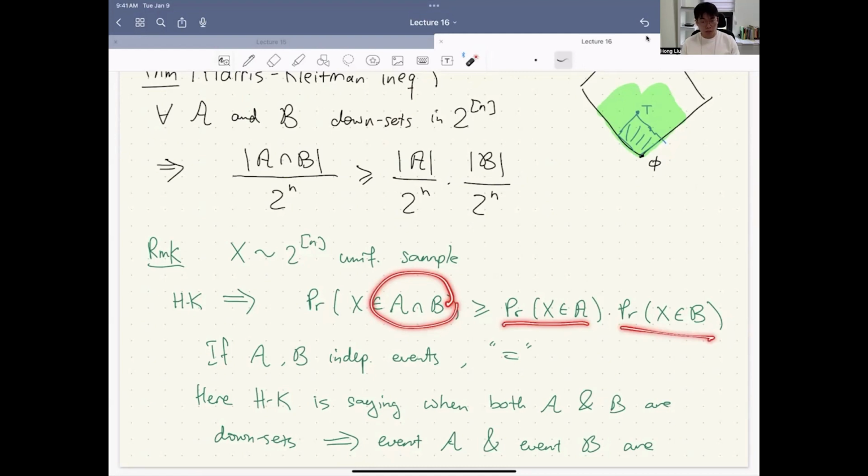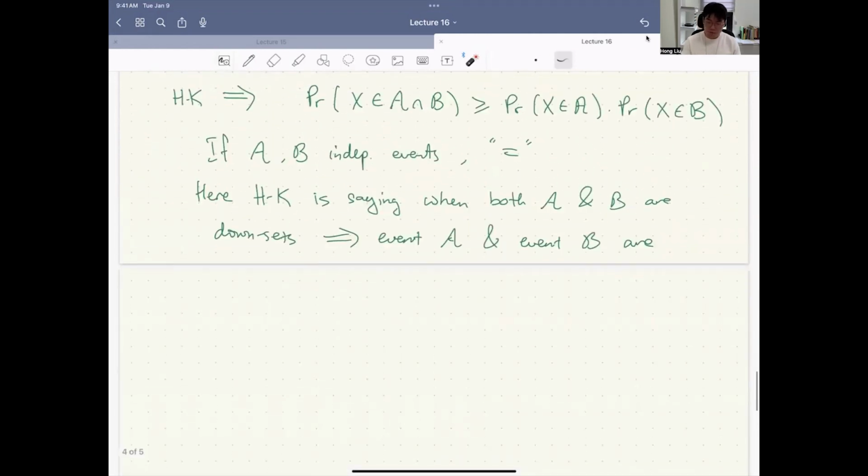If in the opposite direction, it's negatively correlated. Positively correlated.